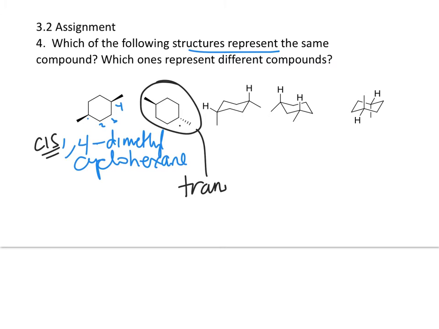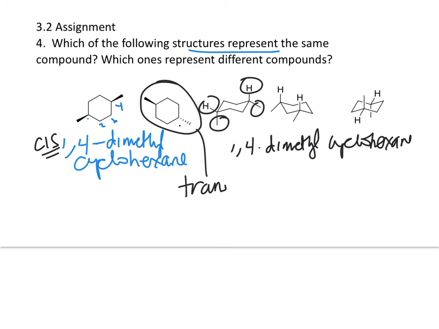Okay, so for this compound here, this would be 1,4-dimethyl cyclohexane. It's the chair conformation. But as you can see, the hydrogens are both going up. So that means that the dimethyl are on the same side, and that would be cis. So this compound and this compound are the same.